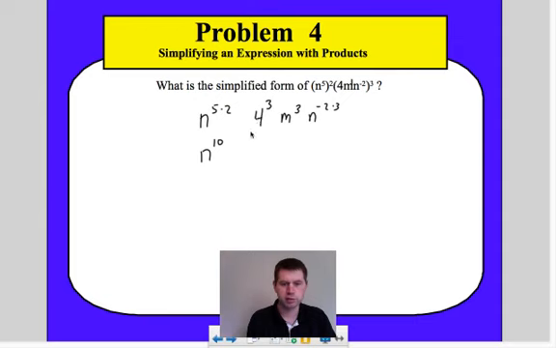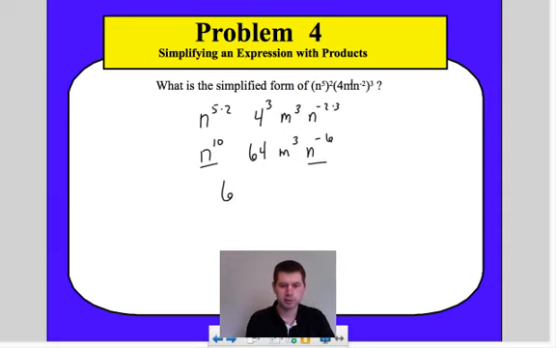Now the 4 cubed, 4 times 4 is 16, times another 4 is 64. M cubed, that's the only m, so we don't have to do anything with that. But we have n to the negative 6. Now a lot of students want to stop here, but I have like terms.